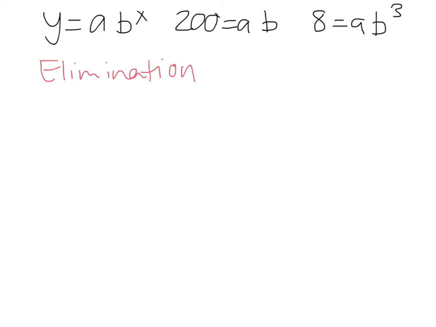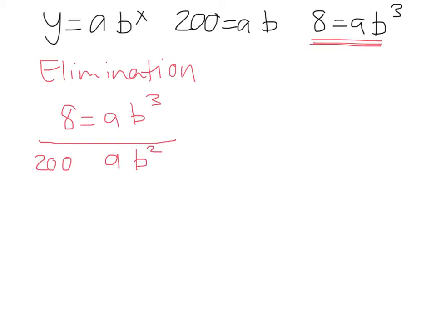So what you're going to do is take your first equation. You're going to want to use the higher exponent first. And then you're going to want to divide by the other one.